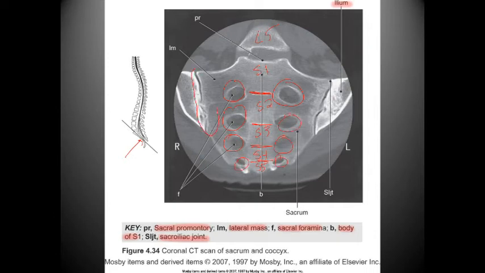The SI joints here, the ala, or the lateral masses, L5S1 intervertebral disc, and also the sacral promontory, which is really not demonstrated very well on this image.